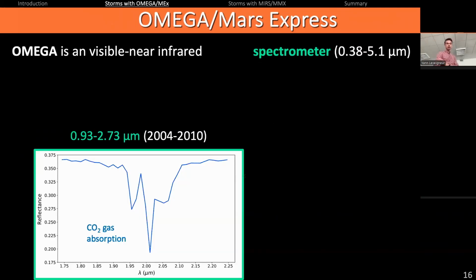During my thesis, I used this data. OMEGA is a visible and near-infrared spectrometer, and I focused my work on the infrared channel. Here you have the wavelengths of this channel, which was operating between 2004 and 2010, so during more than 3 Martian years.